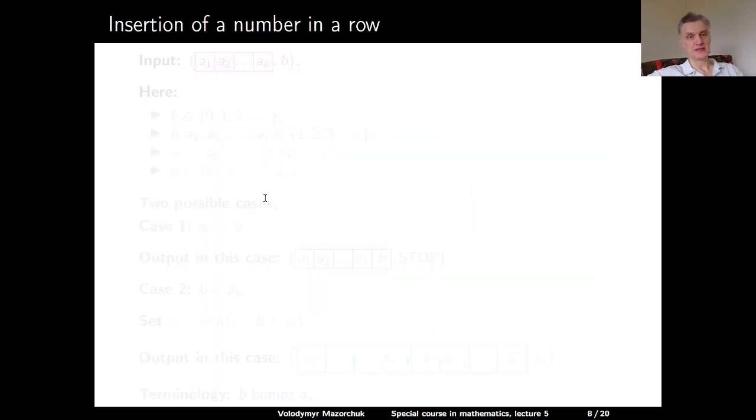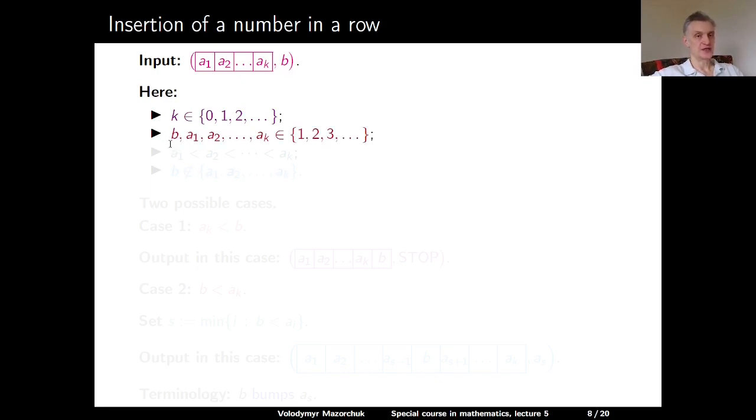Now we will discuss an algorithm of how to insert a number in a row. The input of this algorithm is a sequence of integers a1, a2, and so on, ak, and an additional integer b, where k is some non-negative integer, all integers b, a1, a2, and so on, ak are from 1, 2, 3, and so on, and they all are different.